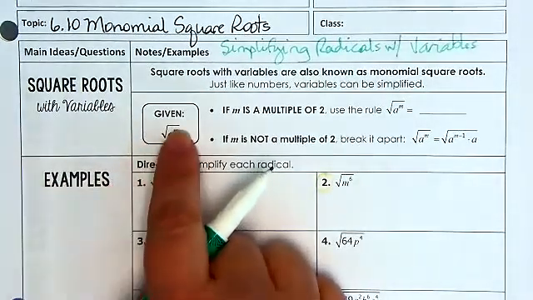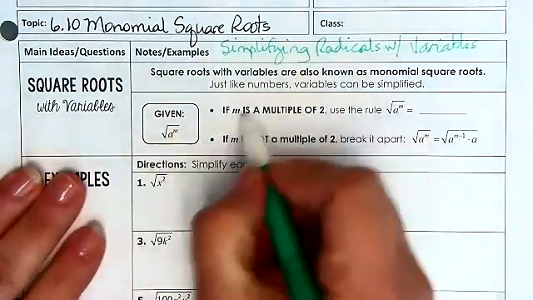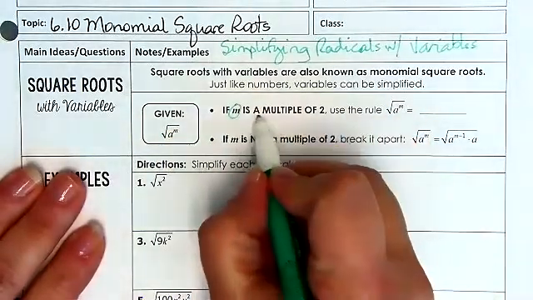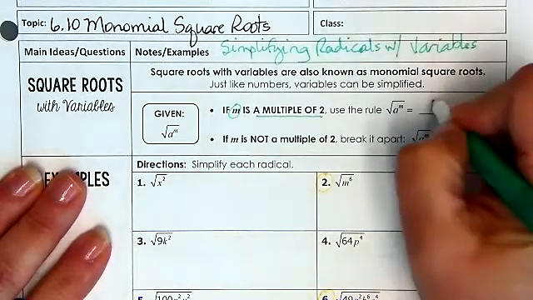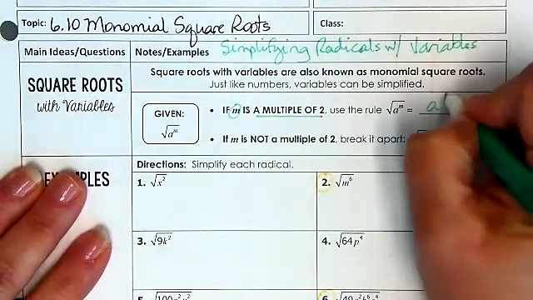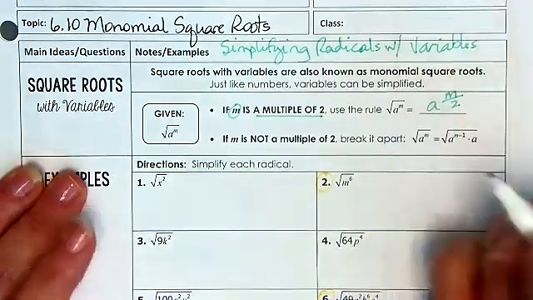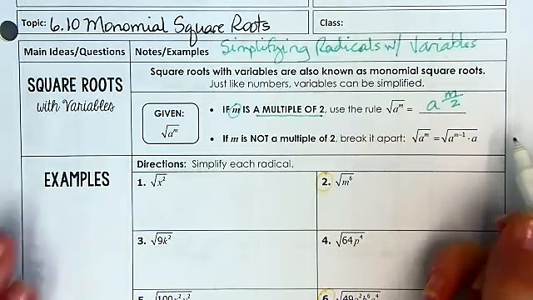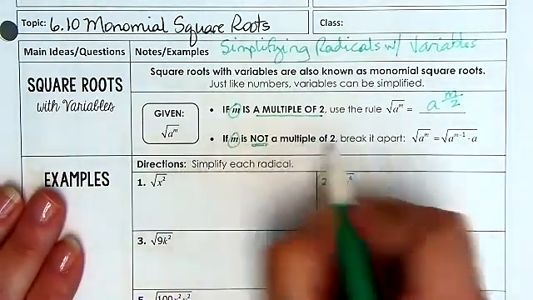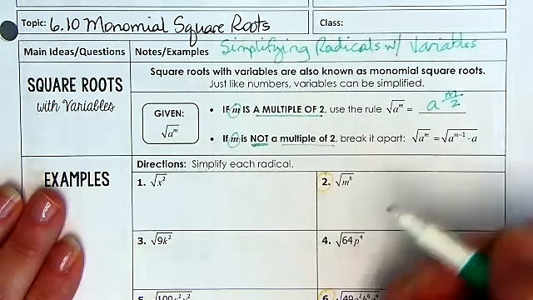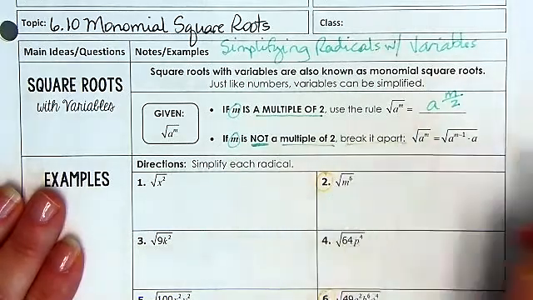well, if m is a multiple of 2, then you're going to use the rule of just doing a to the m divided by 2. You're just going to do m divided by 2. If m is not a multiple of 2, then you're going to break it apart.